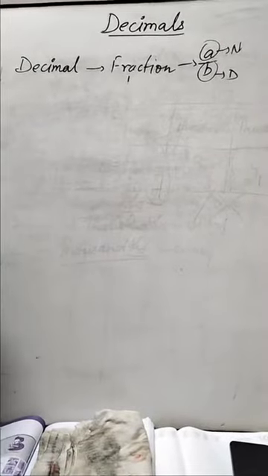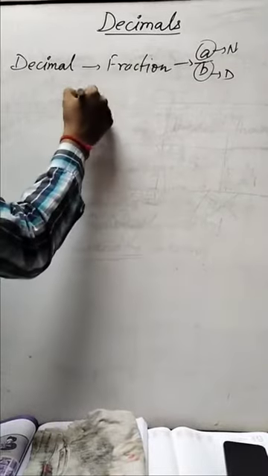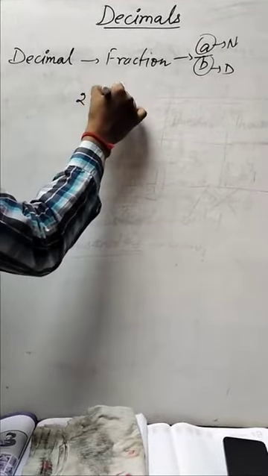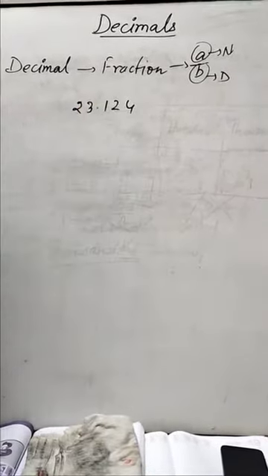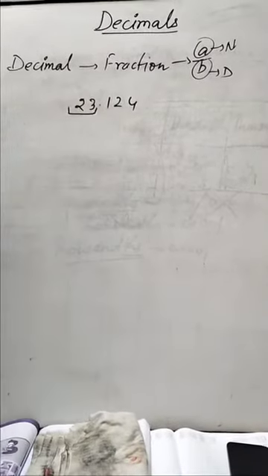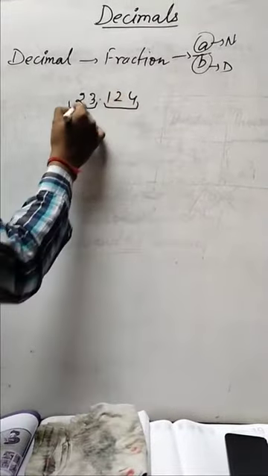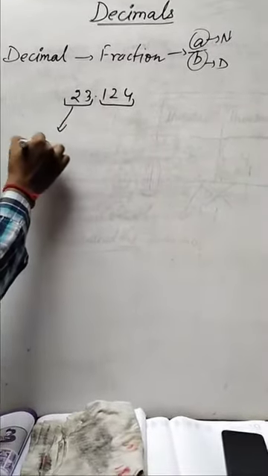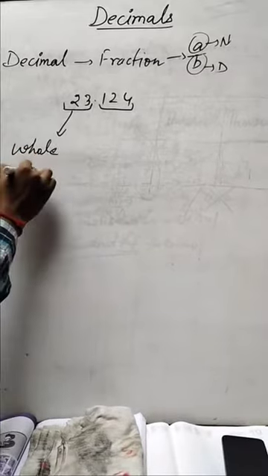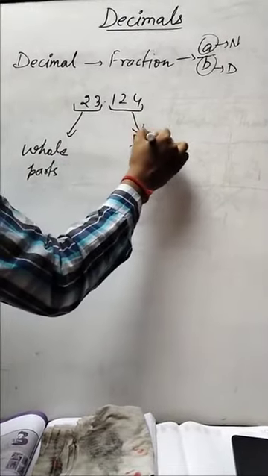Okay, next in the decimal, if I am taking one number 3.124 like this, this decimal number has 2 parts. So this part is called the whole part, and this is your decimal part.